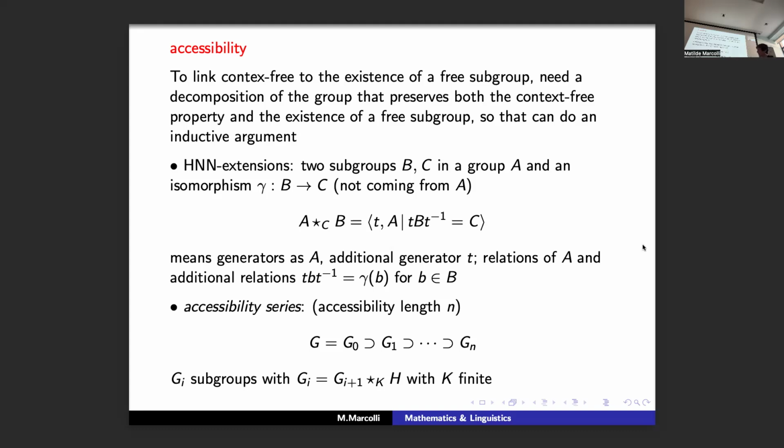It means that you can use the generators of a certain subgroup A and an additional generator, and the relations are just the ones coming from these other subgroups. So it basically allows you to decompose the group into a part that uses generators and a part that you use as relations.